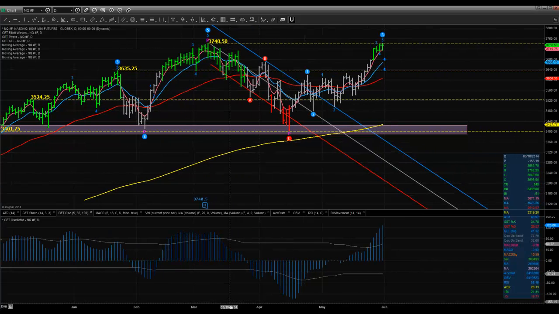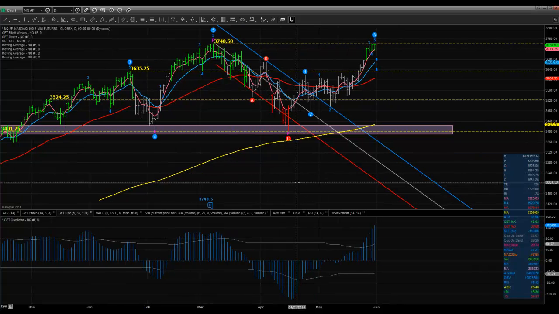This is the Nasdaq 100, the 100 largest companies in the Nasdaq, and you can see on this chart we've pretty much recovered just about everything that we gave up here.